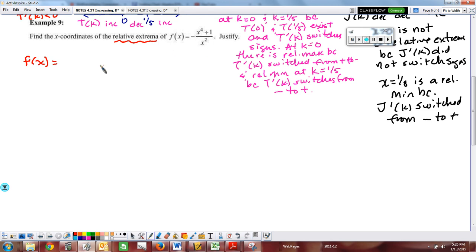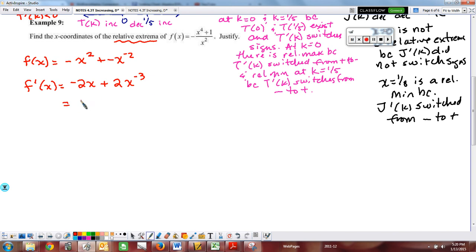I can divide the x squared in, and this becomes negative x squared plus negative x to the negative 2, because that negative is in front. It's kind of understood to be parentheses there. And that'll make it a little easier to take the derivative. So f prime of x is going to be negative 2x plus 2, because you're multiplying a negative times a negative, x to the negative 3.